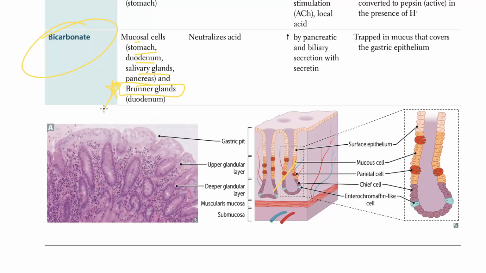Very important. So the question is, who secretes the most bicarb? Okay, that's the first thing. Brunner glands. Remember, we did this yesterday. It is the hallmark of the duodenum. These Brunner glands secrete the bicarb. Okay, and these are submucosal glands.